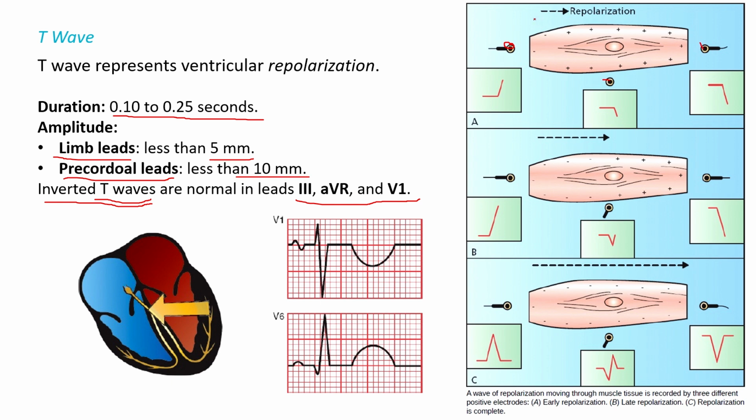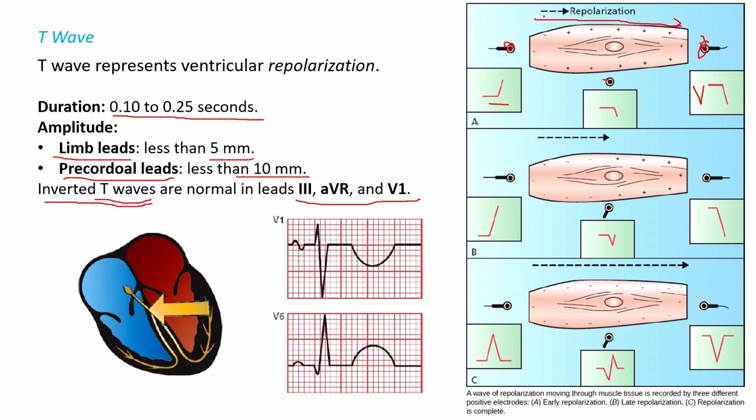And the repolarization is going in this direction. In case of this electrode, because the repolarization is going away from it, we have a positive deflection. And in case of this one, because it comes toward it, we have a negative deflection.